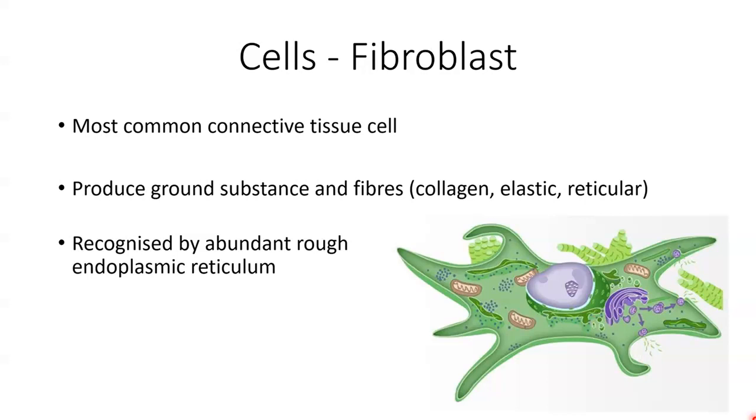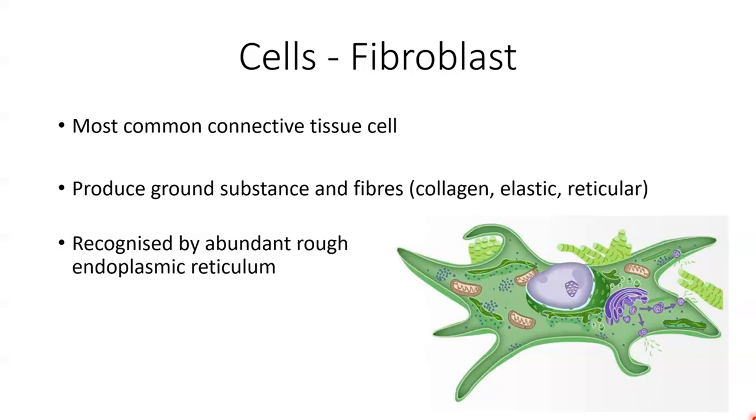Active fibroblasts are the functioning fibroblasts, and when fibroblasts become inactive, we then term them fibrocytes. So it's the immature cell that actually does the production of the different types of fibers and the ground substance. Our mature fibrocytes are concerned with the maintenance of connective tissue and the connective tissue metabolism.